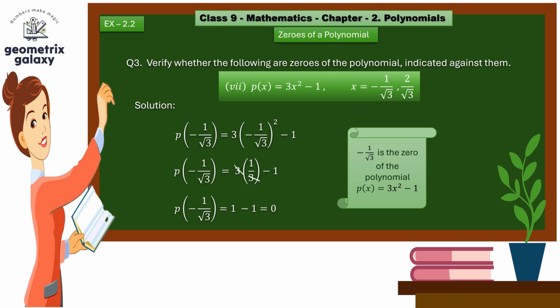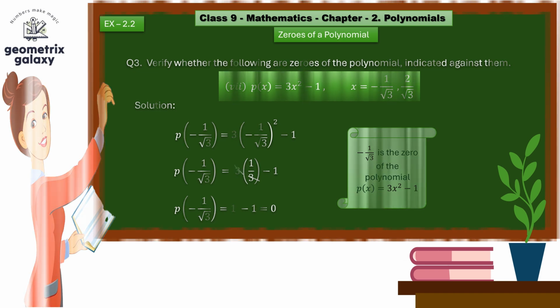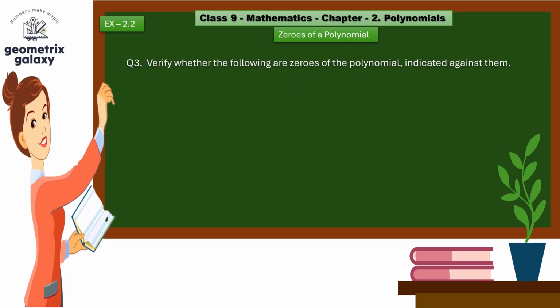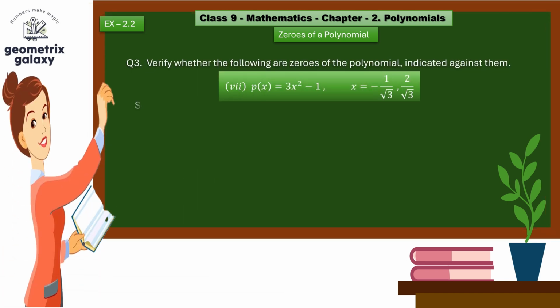Now we need to check the next number 2 by root 3. So p of 2 by root 3 is equal to 3 into (2 by root 3) the whole square minus 1. So 2 by root 3 if I square, 2 into 2 is 4, root 3 into root 3 is 3, therefore I will get 4 by 3. So 3 into 4 by 3 minus 1.